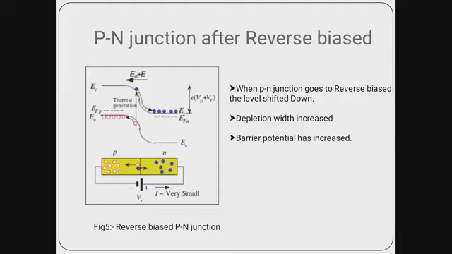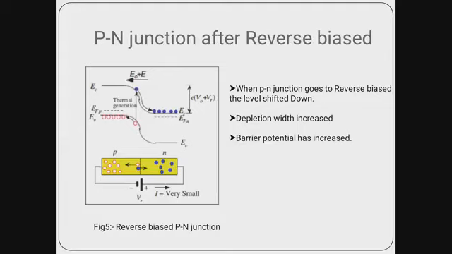That means the width of the depletion layer as well as the height of the depletion barrier is increased, slope is increased. That means we are getting a small amount of current because the charged particles are not able to cross over from this side to this side, and hence the barrier potential is also increased.